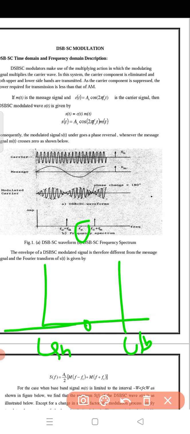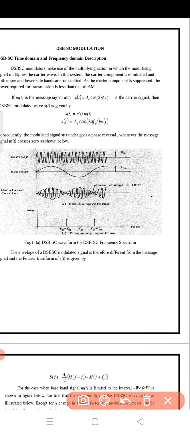There is no amplitude for fc. This is fc minus fm and fc plus fm, the lower sideband and the upper sideband. We send only two sidebands and suppress the carrier. That's why it is double sideband suppressed carrier.